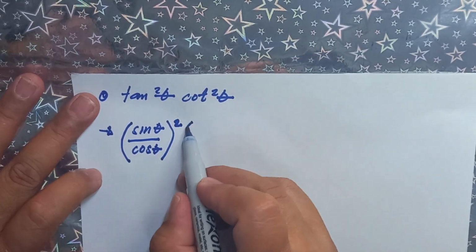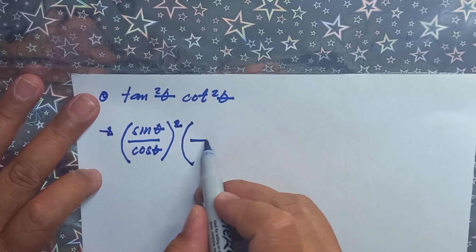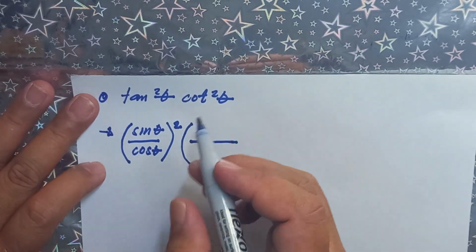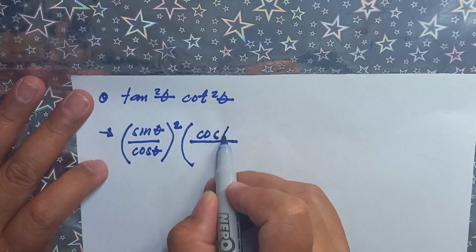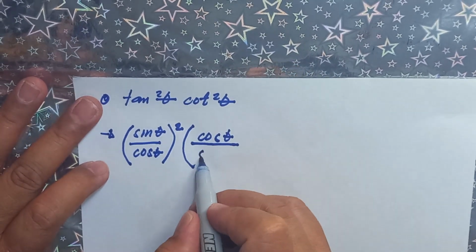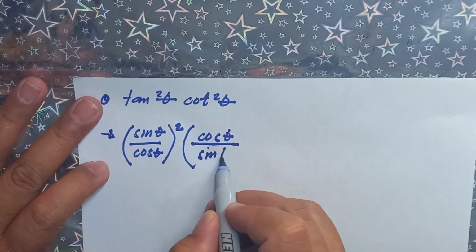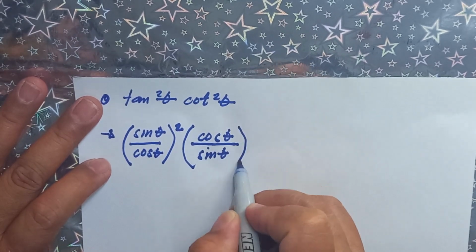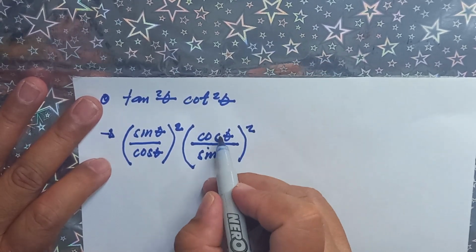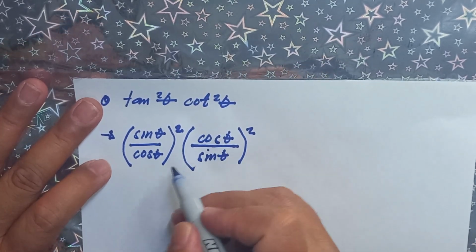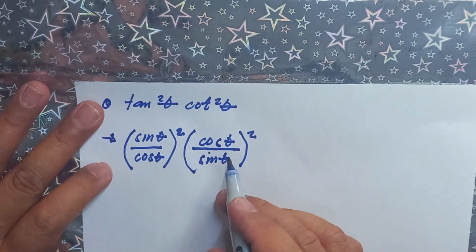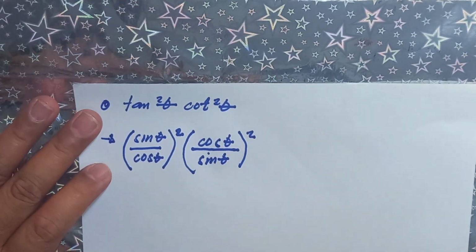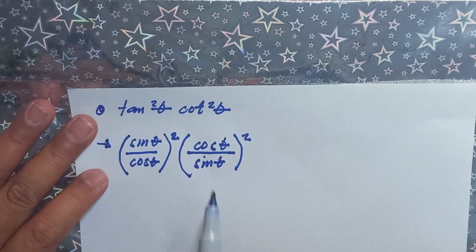Okay? Now, what about the cotangent? Cotangent is the same as cosine theta over sine theta. Of course, that is raised to the second power. You might be saying, can we not just cancel out this one? No, why? Because they have their exponent.